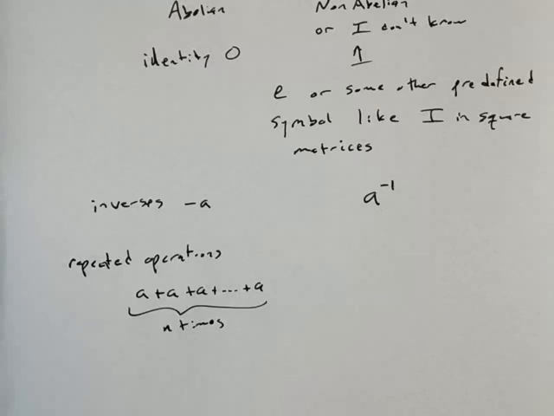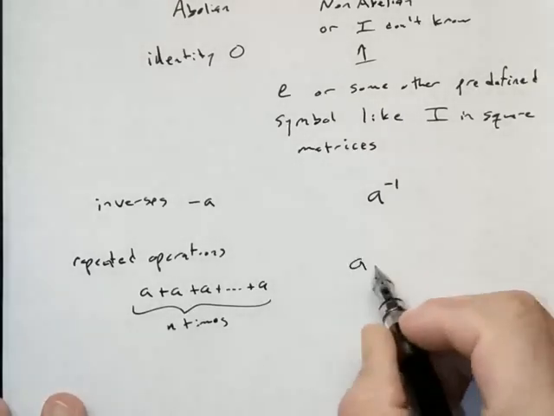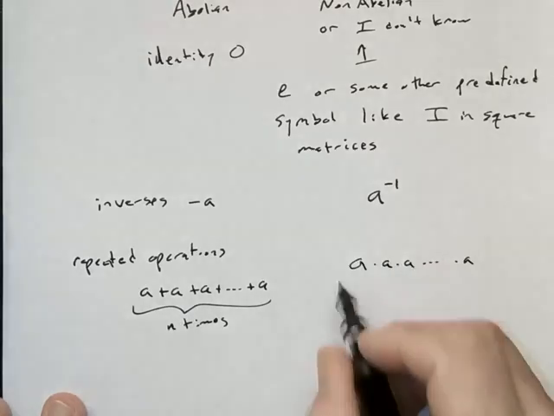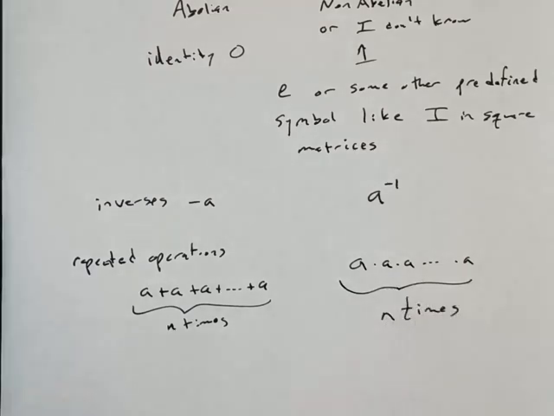in the additive universe, it would look like that. And in the multiplicative universe, it would look like that. What's my shorthand on the right for repeatedly multiplying? I can write a power.